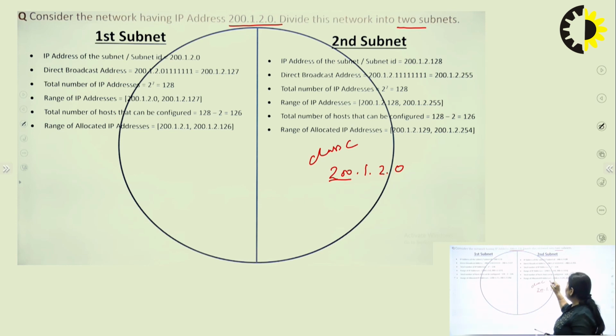After binary conversion, you will get the initial most significant bits as 110, which belongs to class C. So this is a class C address. In a class C address, the first three octets are fixed, which is the network ID.